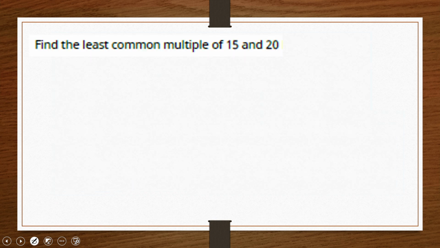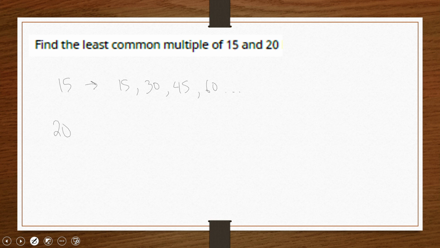So, given another example here, we're asked to find the least common multiple of 15 and 20. If I repeat this process, I have 15. The multiples of 15 would be 15 times 1, 15 times 2, which is 30, 15 times 3, which is 45, 15 times 4, and so on and so forth.